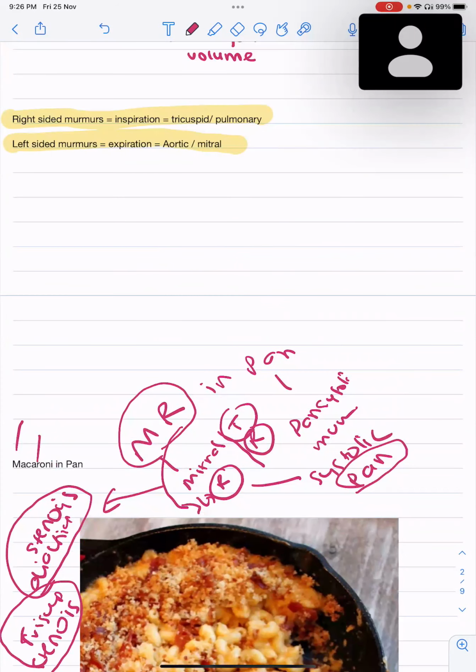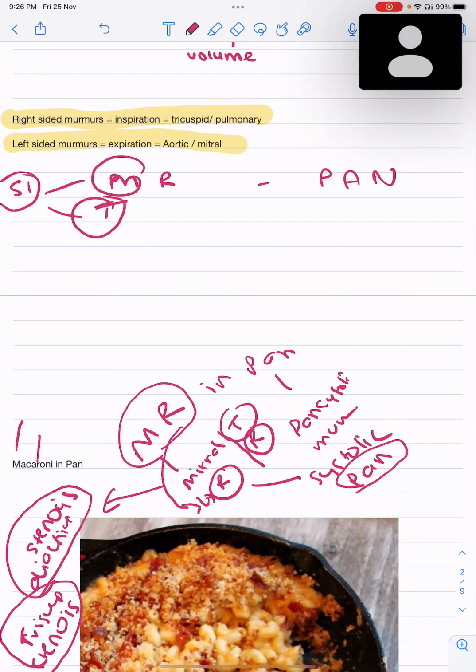Remember that I attended a lecture in which they said mitral regurgitation is happening in a pansystolic murmur. In S1 we have two valves, tricuspid and mitral, and they are contracting in the same cardiac cycle, right?